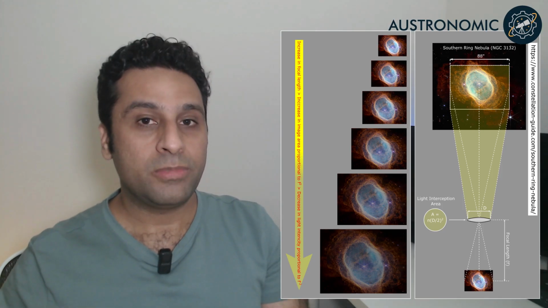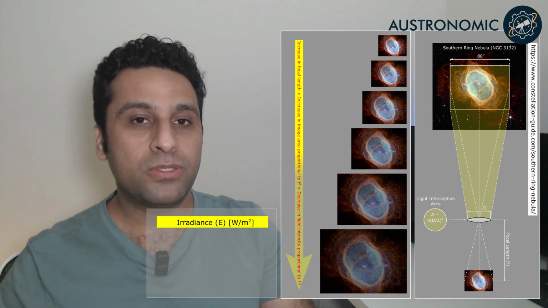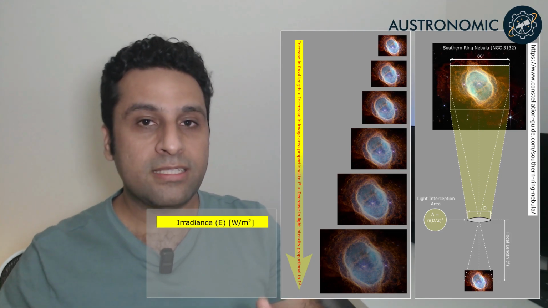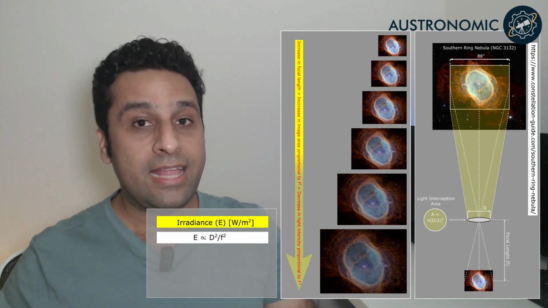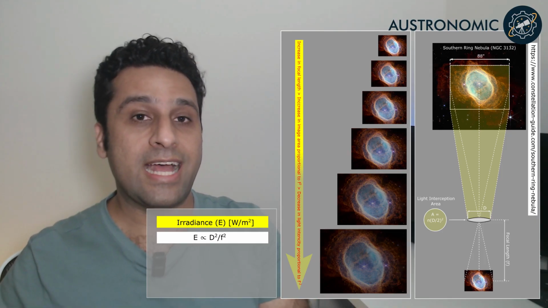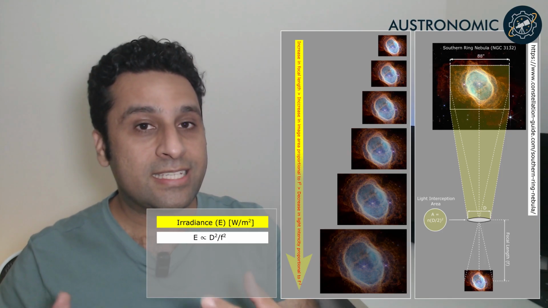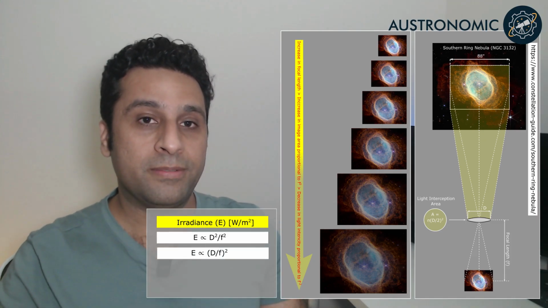Now it's time to talk about irradiance. Irradiance is the photon flux per unit sensor area. So if the collected photon rate scales as D squared, and the area over which that light is spread scales as f squared, then the irradiance scales as D squared over f squared.